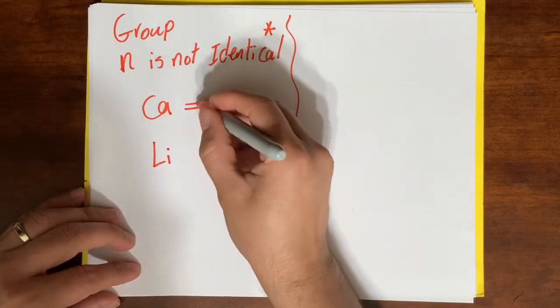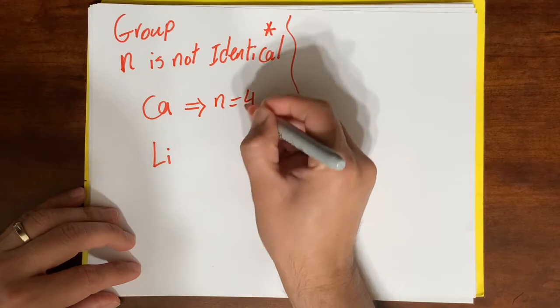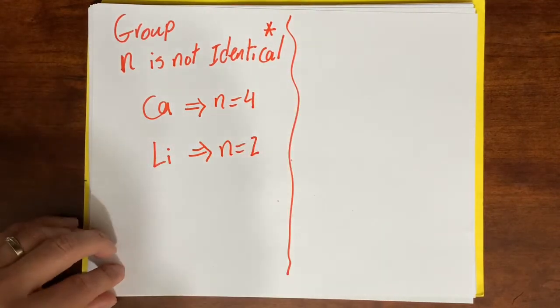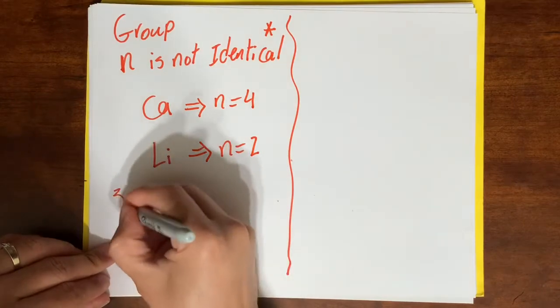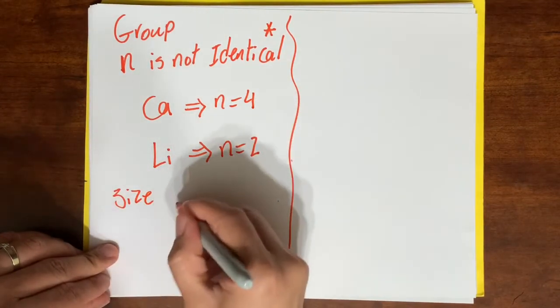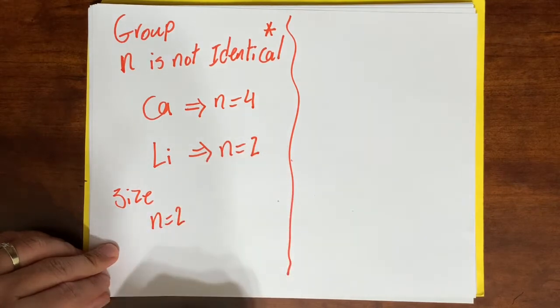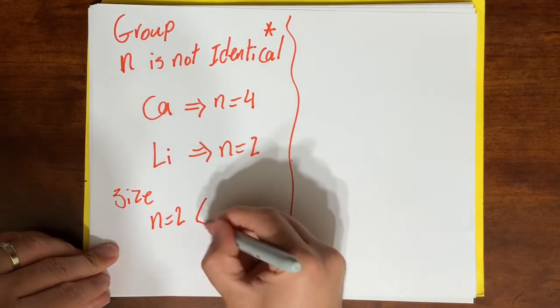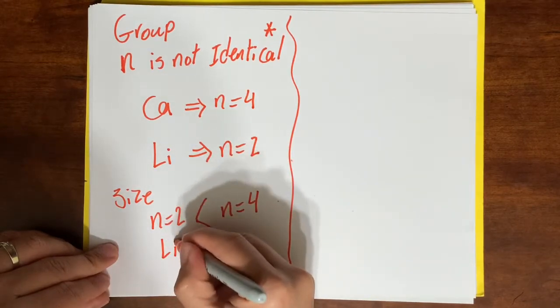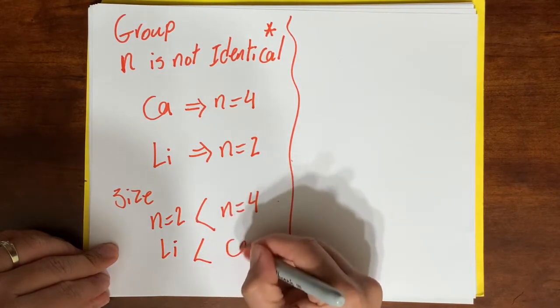Calcium belongs to N equal 4, and lithium N equal to 2. You want to order them based on size. You go with N. The one that has smaller N will be smaller. So lithium is going to be smaller than calcium.